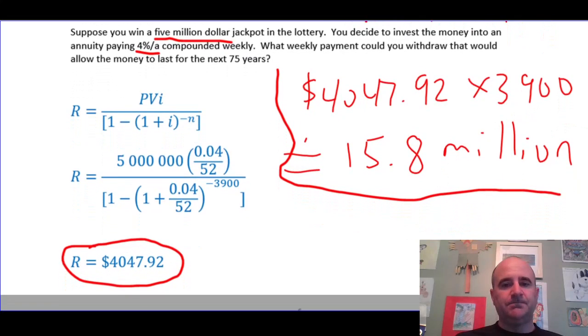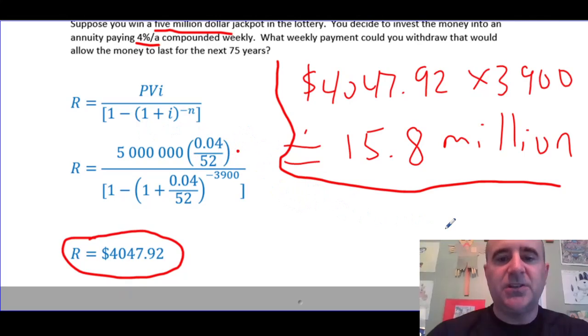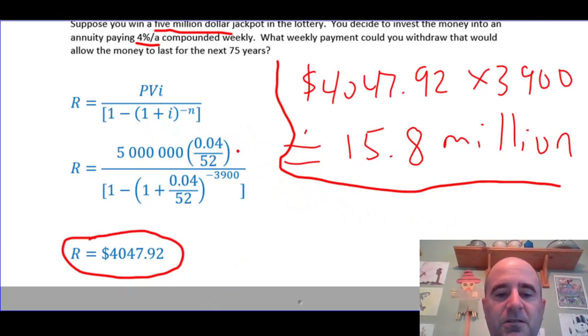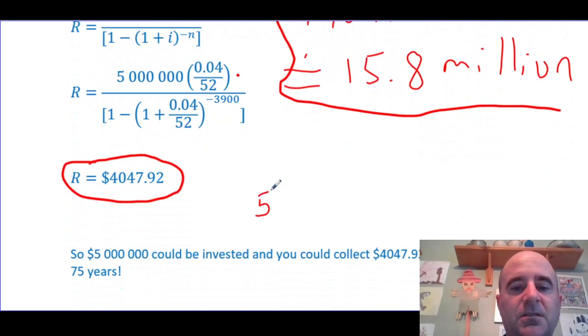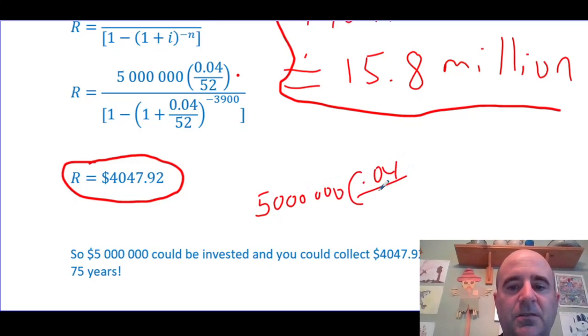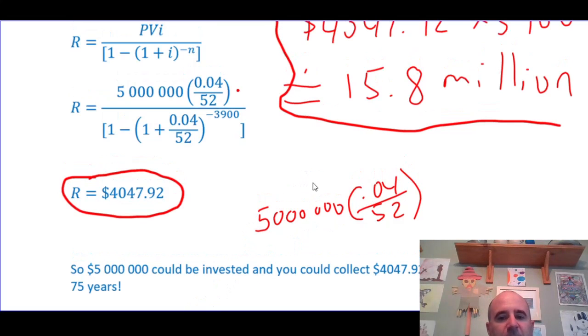You're very rich. The other thing you could do, interestingly enough, is look at the top calculation here, where we took $5 million and multiplied by the weekly interest rate, just like that. Imagine that you put the $5 million into the annuity and you wait 1 week and you don't do anything.